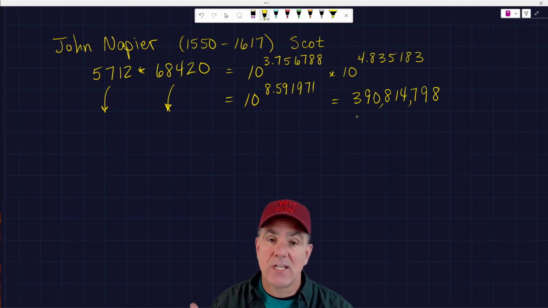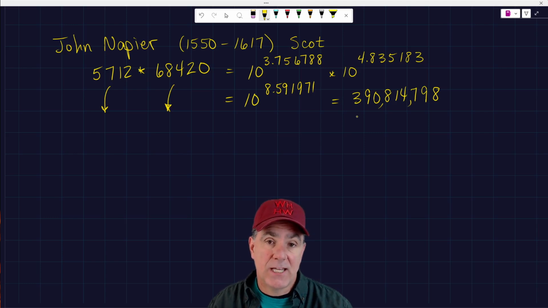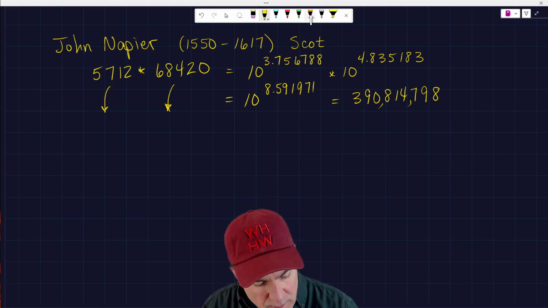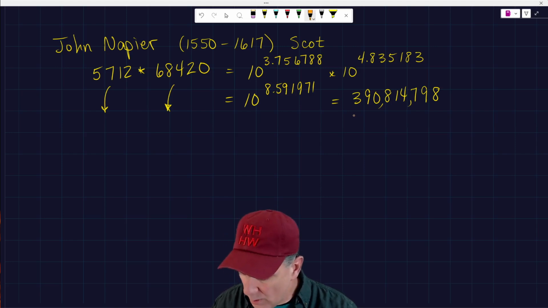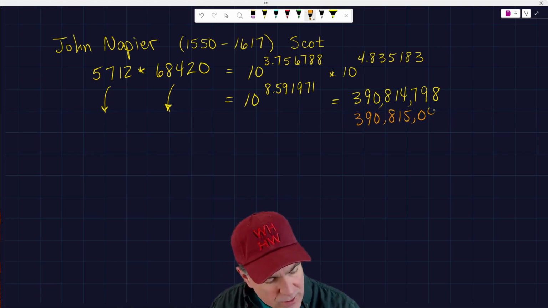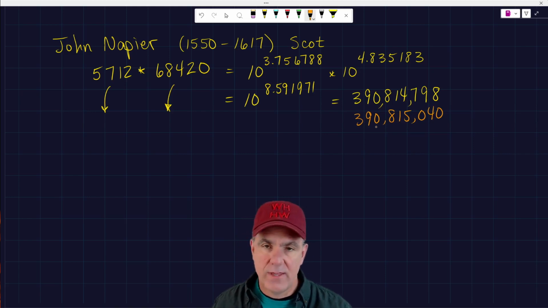Again, back in Napier's day, they had to approximate everything. And we do basically the same thing now, but our approximations are more accurate. So the actual number, if you were to multiply these together, is 390,815,040. So that gives you an idea of where the error is with these things.